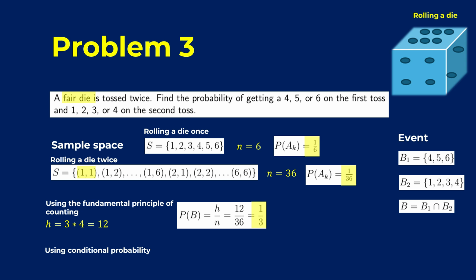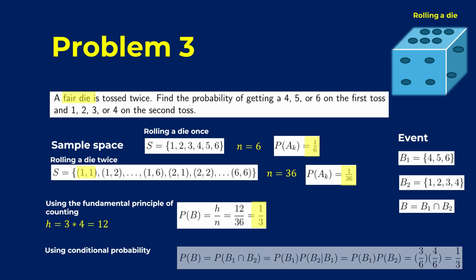We can also use the definition of conditional probability to find the same result. For that, we know that the probability of B equals the probability of both B1 and B2, which is equal to the probability of B1 times the probability of B2 given that B1 has occurred. Now, if we roll a die twice, the outcome of the first roll and second roll have no effect on each other.